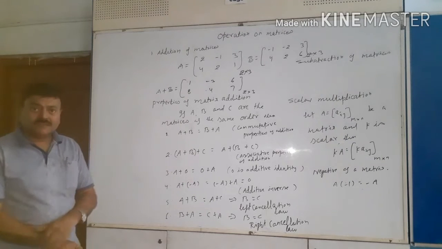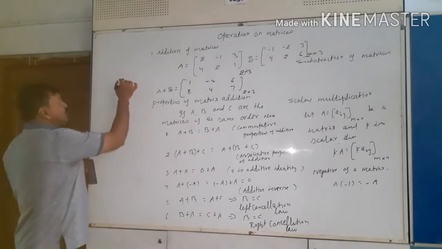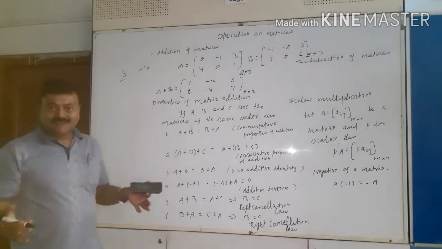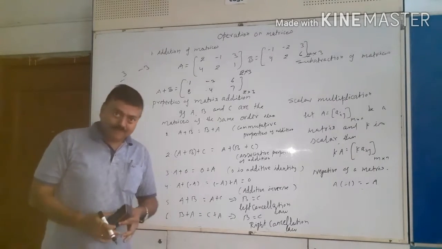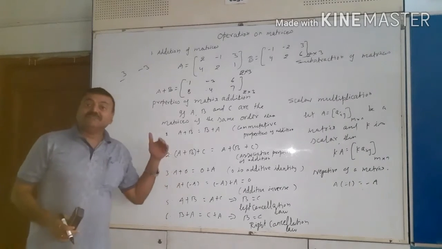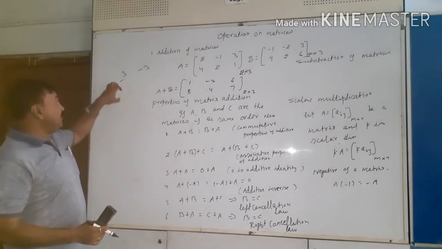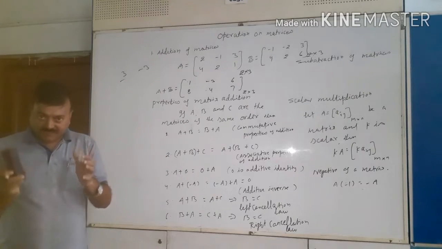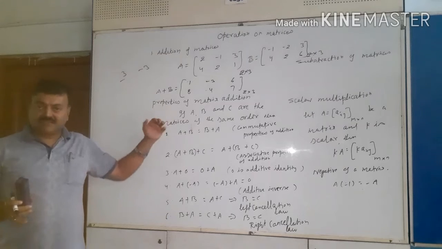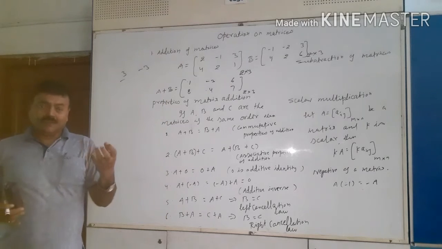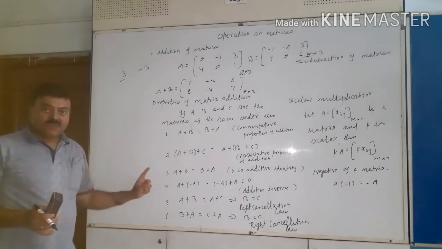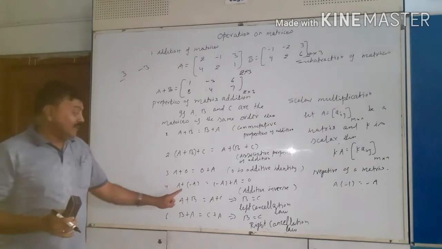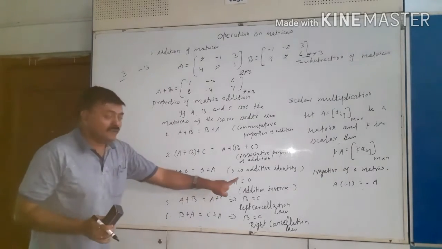Now the additive inverse. We know about the additive inverse of a number. Suppose 3, the additive inverse is minus 3. The same thing here: the additive inverse of A is minus A. When we add additive inverse numbers, suppose 3 plus minus 3, the result will be 0. In the same way, A plus minus A and minus A plus A equal 0, the null matrix.